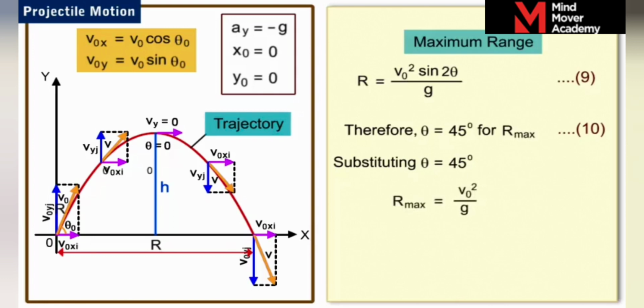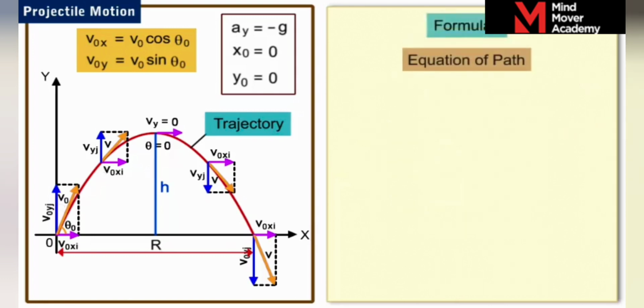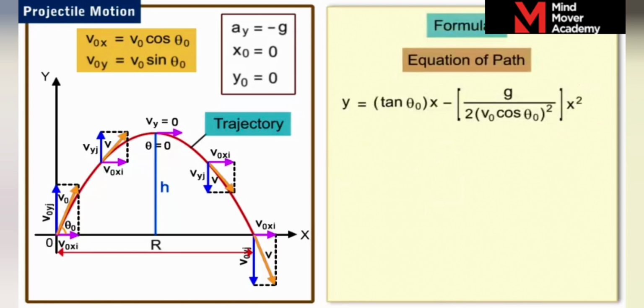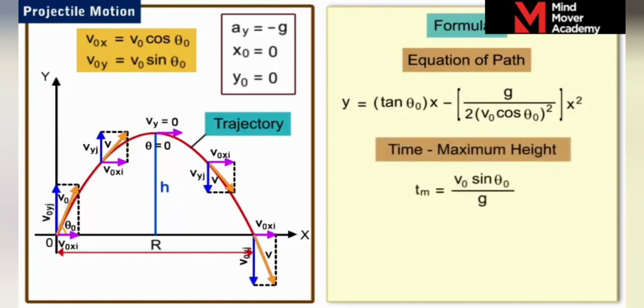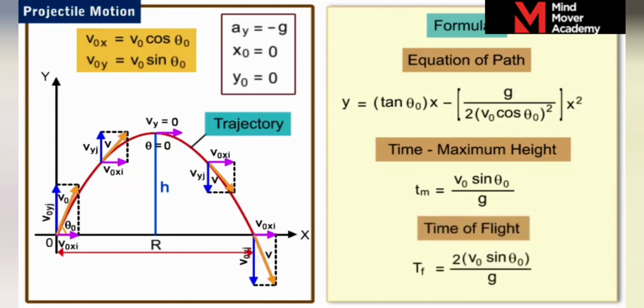The equation for the path of the projectile, y is equal to tan θ0 into x minus g divided by 2 into (v0 cos θ0) square into x square. Time taken for the projectile to attain maximum height Tm is equal to v0 sin θ0 by g. The time of flight of the projectile Tf is equal to 2v0 sin θ0 by g.